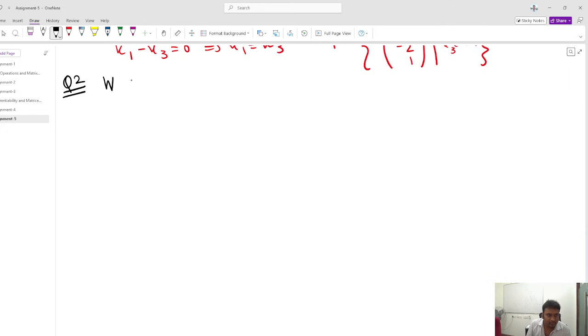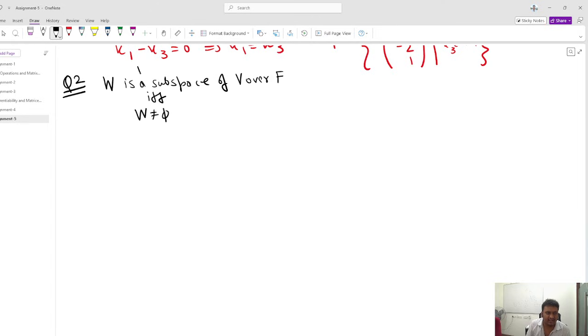W is a subspace of some vector space V over some field F if and only if W is non-empty.